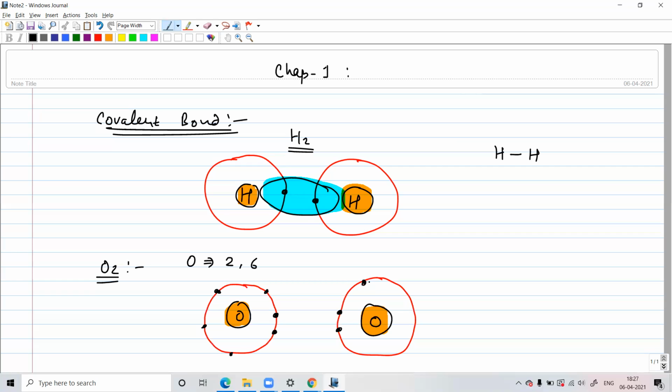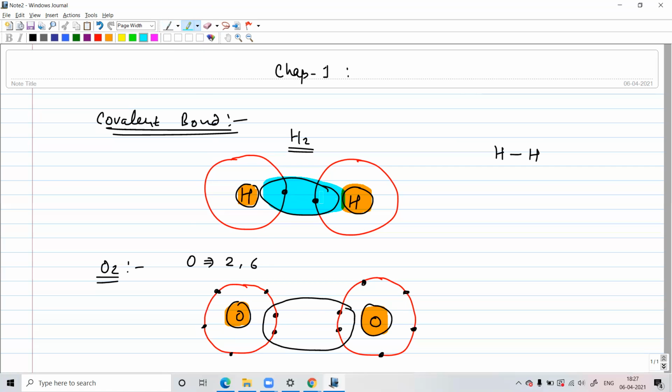Also here, 1, 4. So what happens? Two electrons, they share with each other. They share 2 electrons with each other.